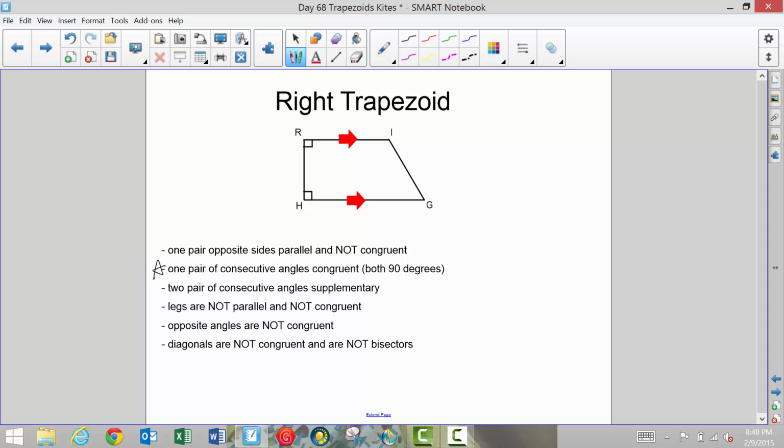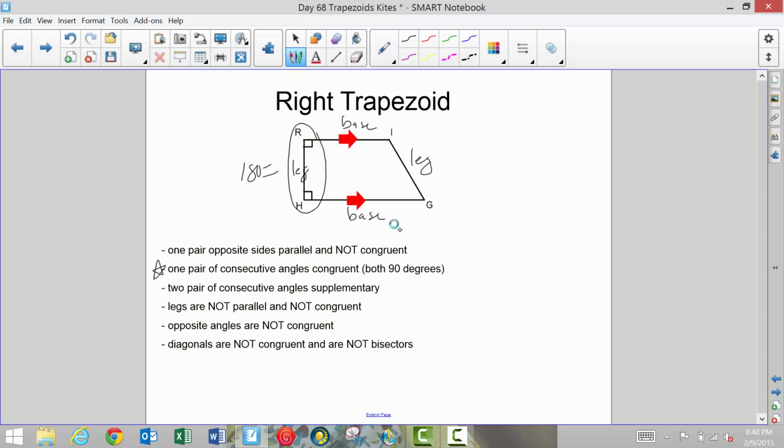Okay. So notice that here you have one pair of consecutive angles congruent, and they're also equal to 180. So this is still a leg, and this is still a leg. The legs in the right trapezoid are not parallel. The sides that are parallel are called bases.